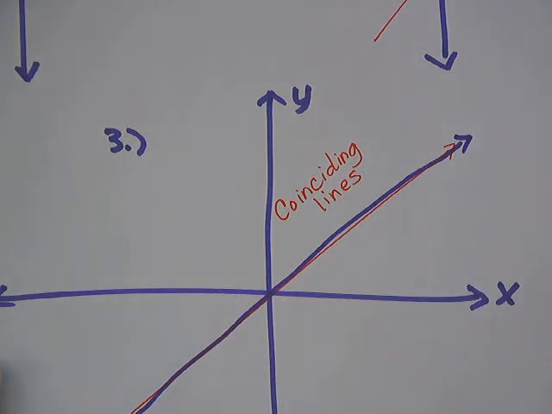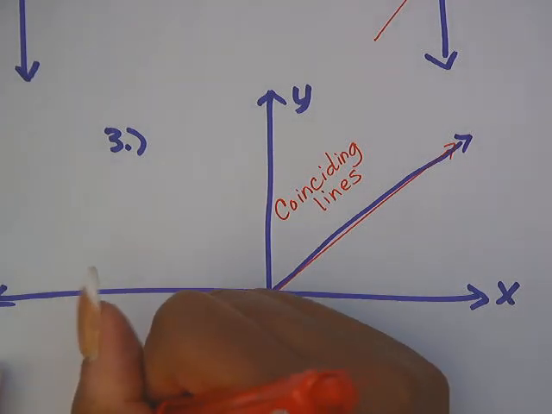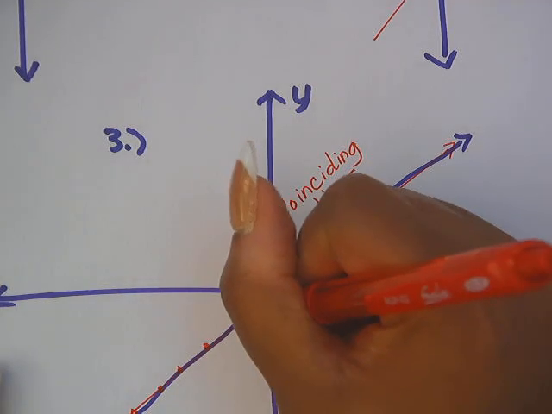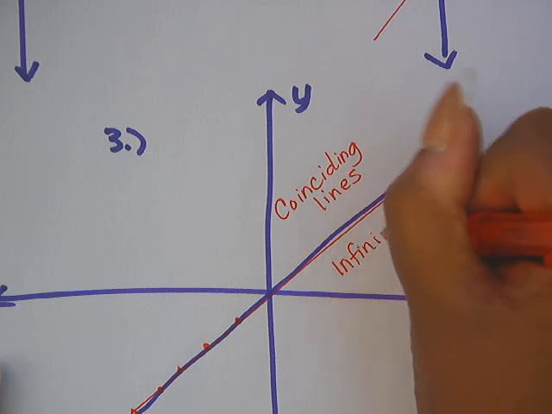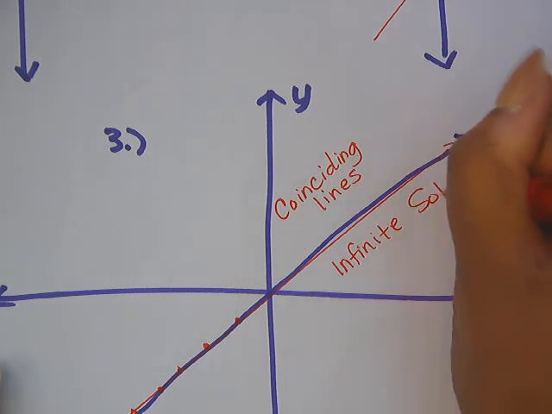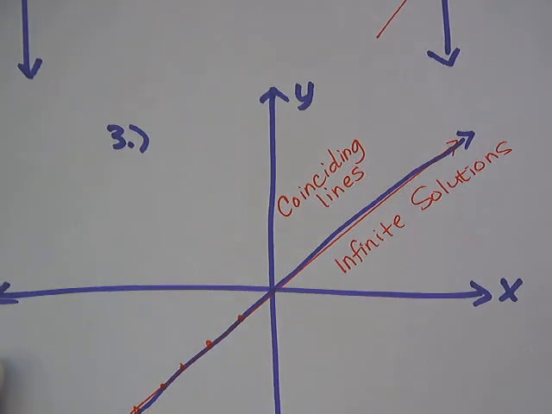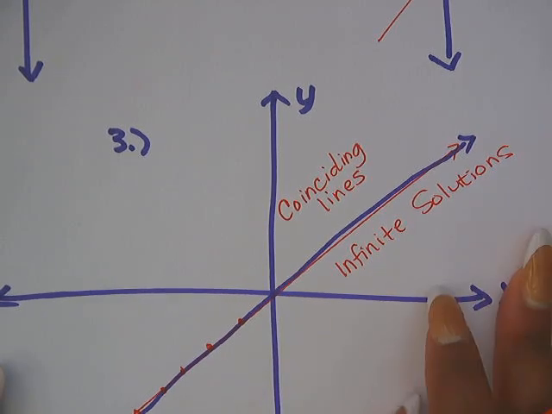Now, this is like saying there is a point at every point along this line. So a coinciding line has infinite solutions. It is saying from negative infinity to positive infinity, there is a solution at every single point.